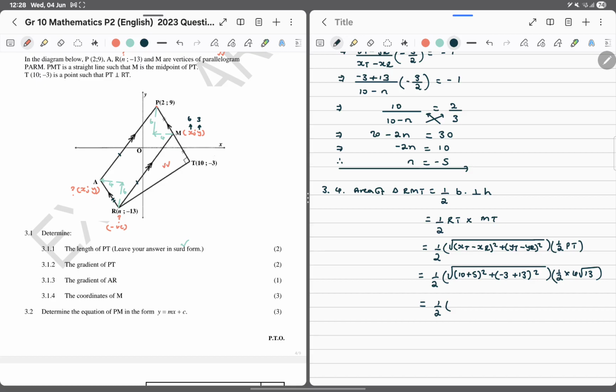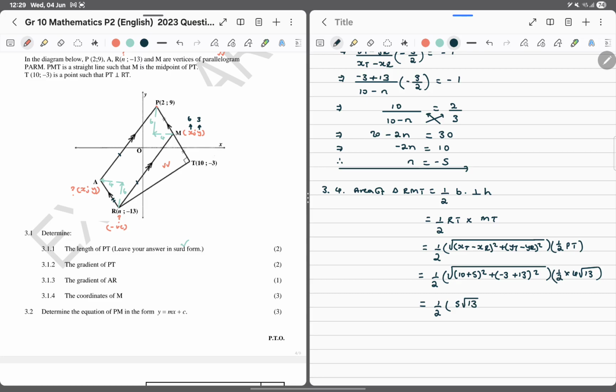325. The square root here is 25, right? Let's see, does 325 divide by 25? 325 divided by 25 is 13. So this is going to be the 5 root 13.